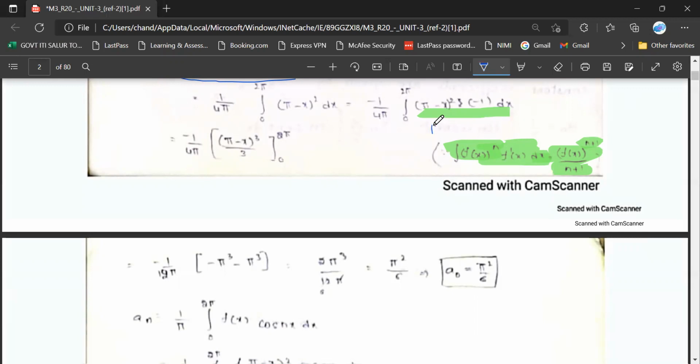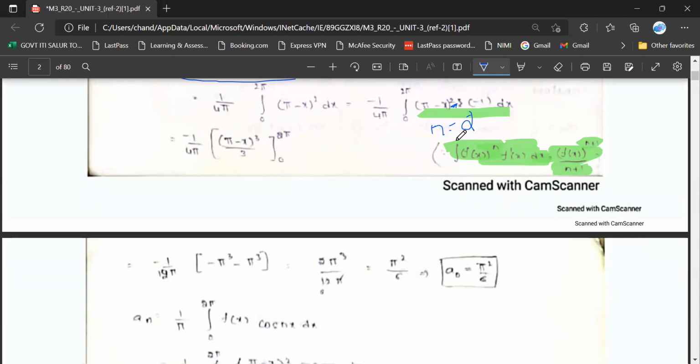Means you already know that here n is equal to 2. So n plus 1 is equal to 3, and we have the denominator also as n plus 1, which is 3.